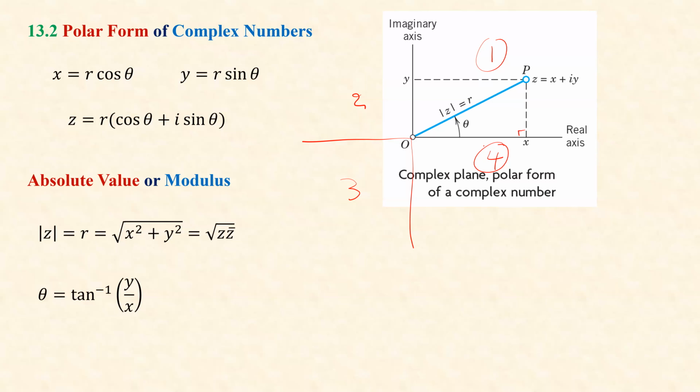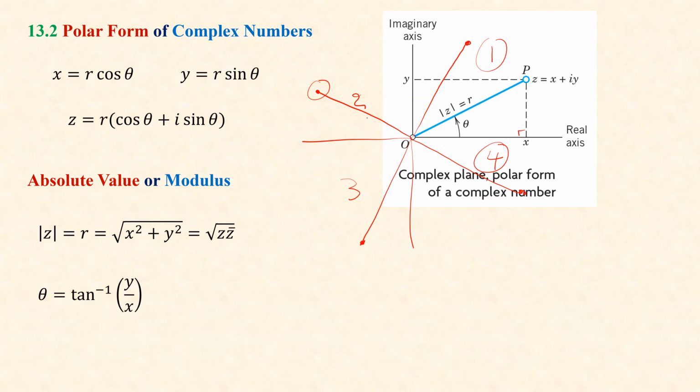So if z, a complex number, is in the third quadrant and you calculate tan inverse of y over x, it gives you this direction. In order to fix that, you need to add 180 degrees or pi to the tan inverse of y over x to get to the right direction.